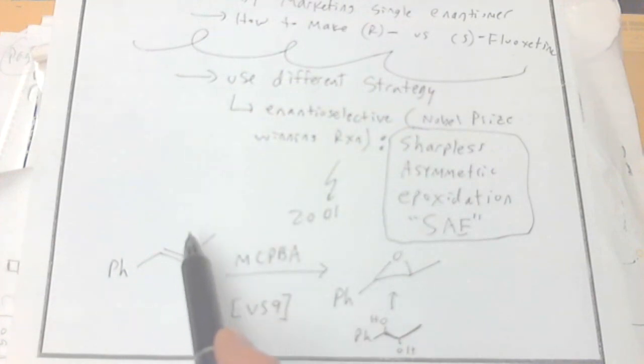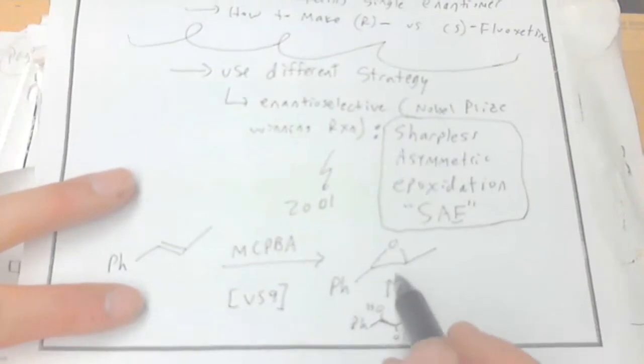It's just a cool way to make an epoxide, right? I'm not going to do the mechanism, but basically this molecule MCPBA has an extra oxygen, and the oxygen just gets snapped in there. Basically, that's it. It's a cool reaction. And why is an epoxide cool as a synthetic thing? You can make this thing, but it looks a little silly.